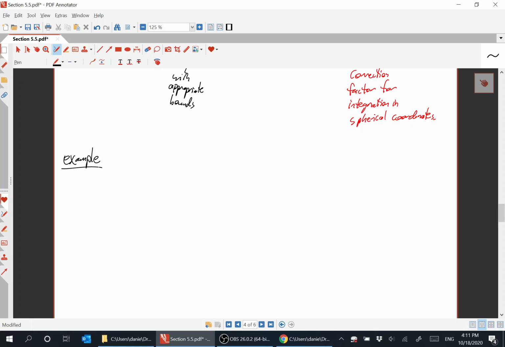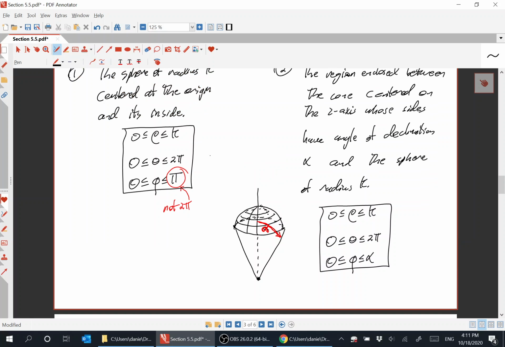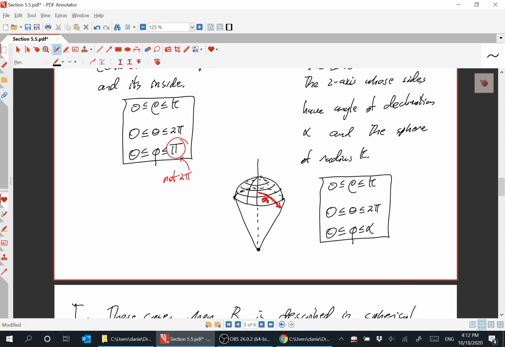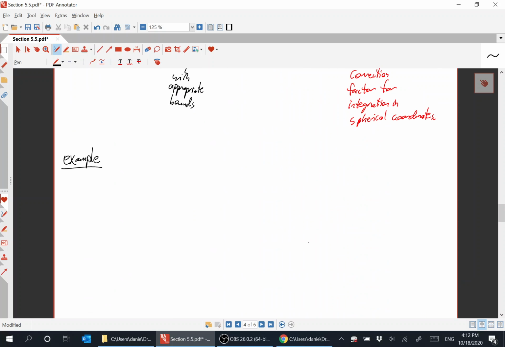All right. So another region. So we had these two regions up here: the sphere itself and this snow cone. Let's take a little variation on the snow cone. So consider the following 3D region shown.